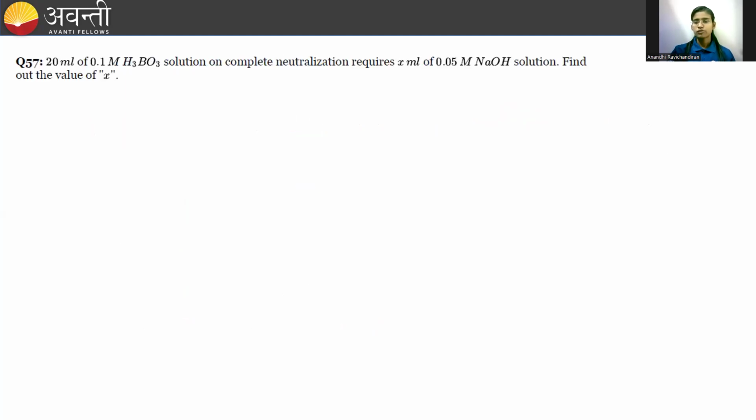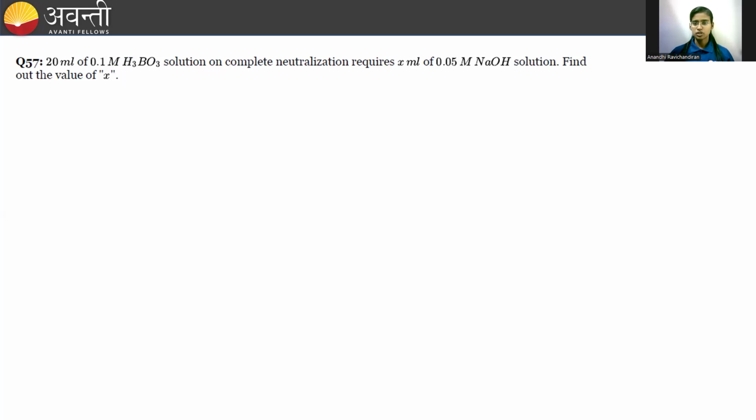Then going for the next question. 20 ml of 0.1 molar H3BO3 solution on complete neutralization requires X ml of 0.05 molar NaOH solution. Find out the value of X. So we have two compounds.